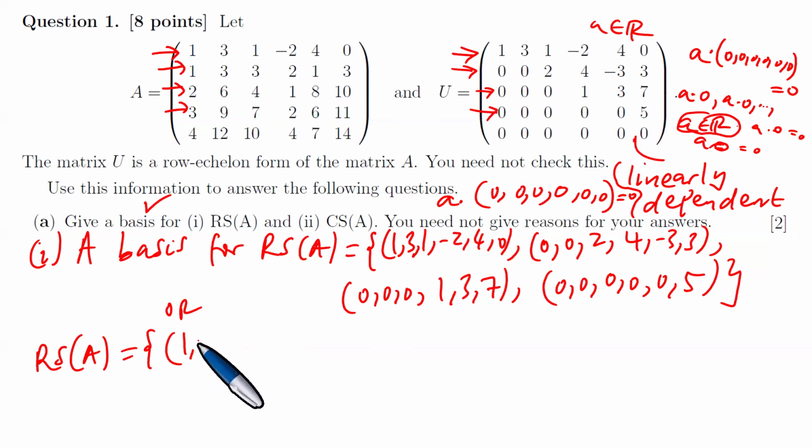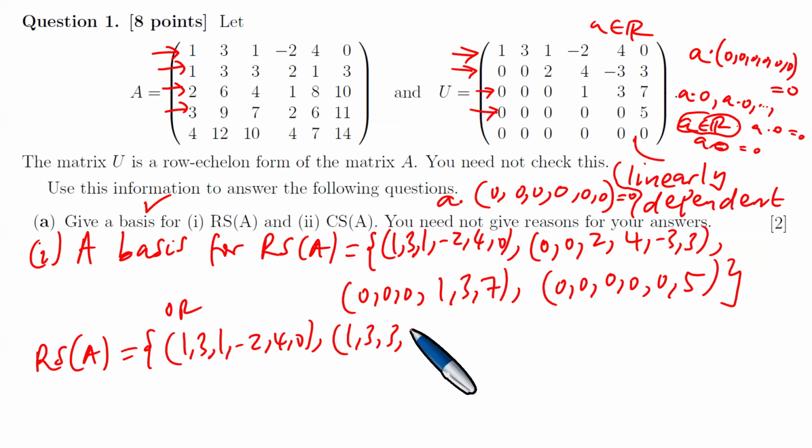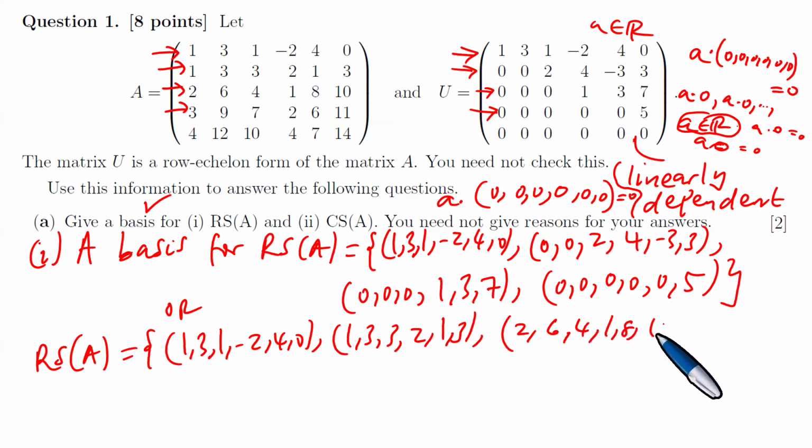So you can take 1, 3, 1, minus 2, 4, 0, which is also correct. 1, 3, 3, 2, 1, 3, 2, 6, 4, 1, 8, 10 is the third one, and then you have the fourth one, 3, 9, 7, 2, 6, 11.